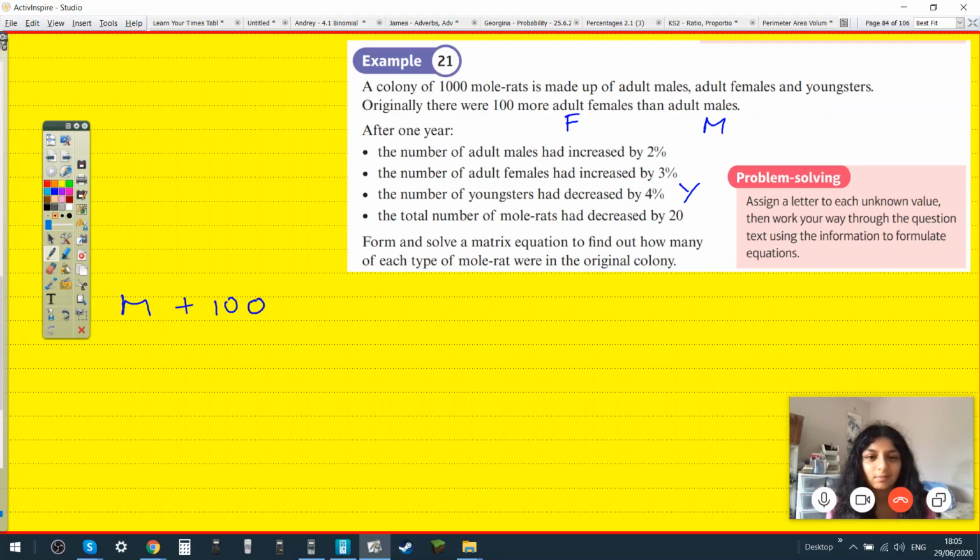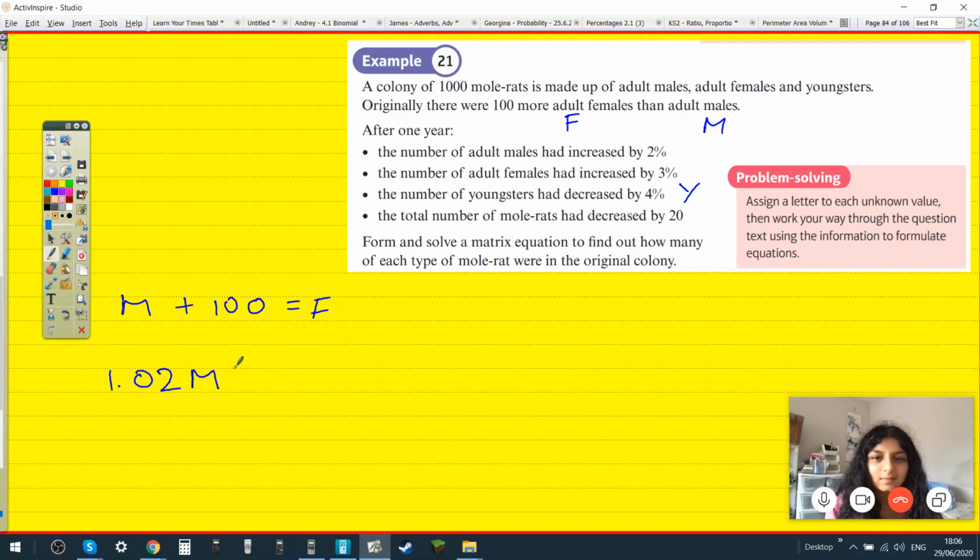Originally, I don't know what that means, but that's back when there was 1,000. Okay. After 1 year, the number of adult males was like 1.02 m.